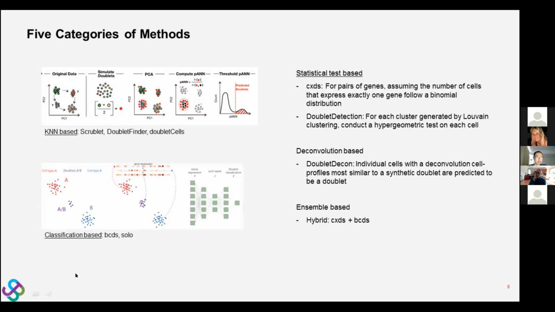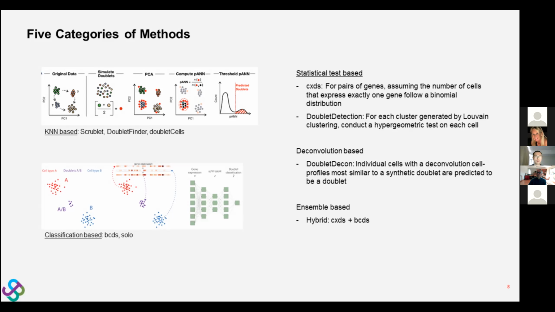The second category is the classification-based method. Still, they first simulate artificial doublets by adding or averaging two cells from your data set, and then they train a binary classifier on your merged data. They try to classify between the original data set and artificial doublets.